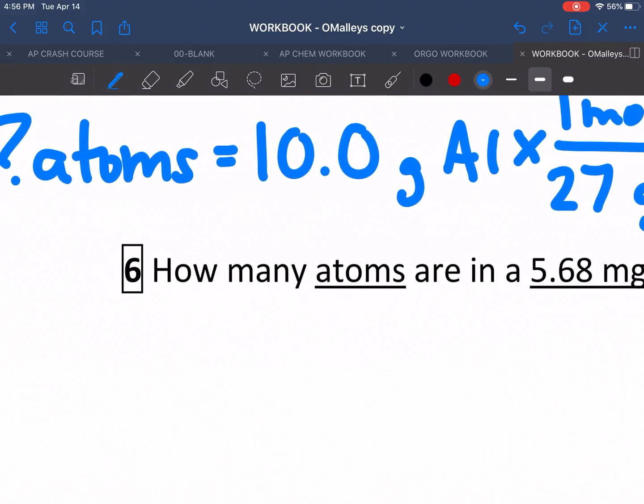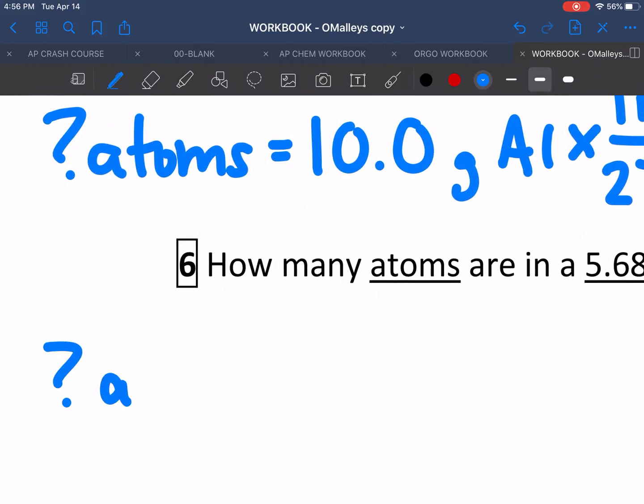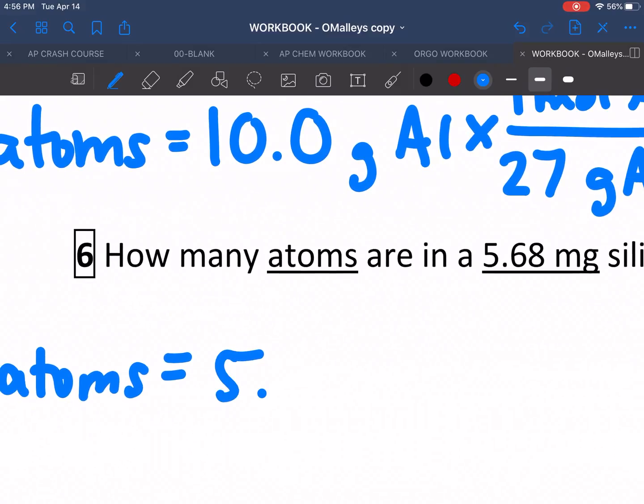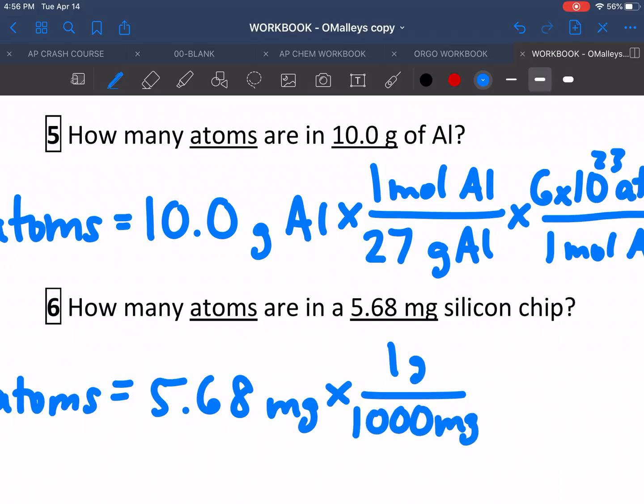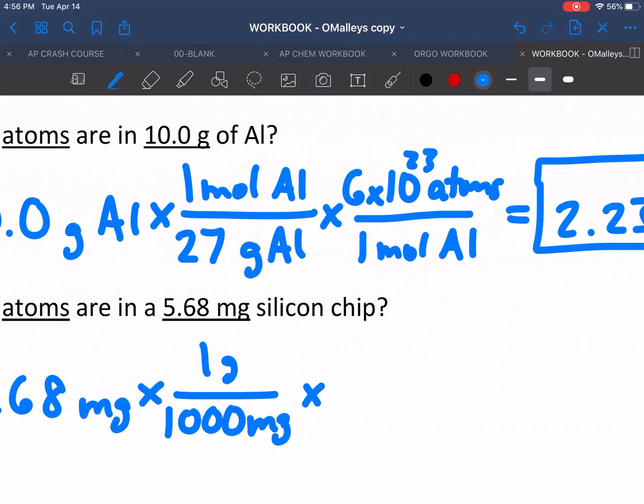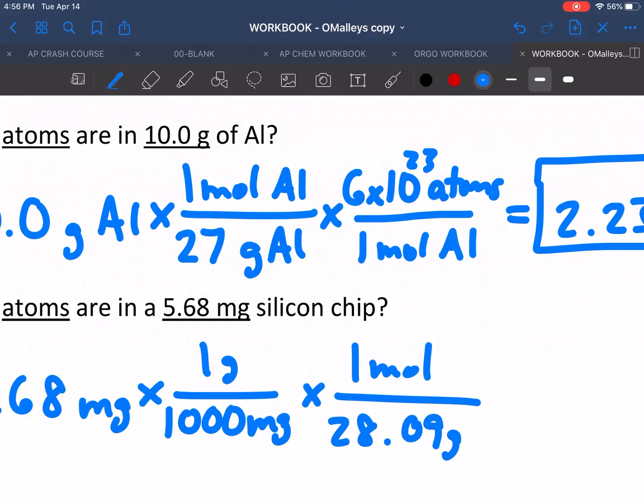Okay, last one. How many atoms, again, given a mass of silicon, this is 5.68 milligrams. So first I need to get out of milli and into just regular grams. Well, there's 1 gram per 1,000 milligrams. And then if you look up silicon, there's 1 mole of silicon per 28.09 grams.